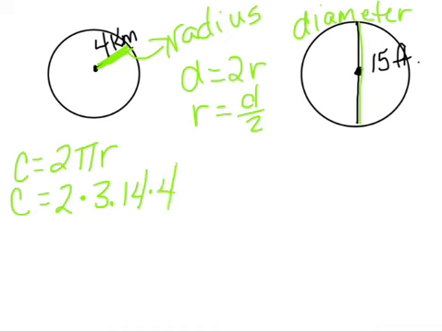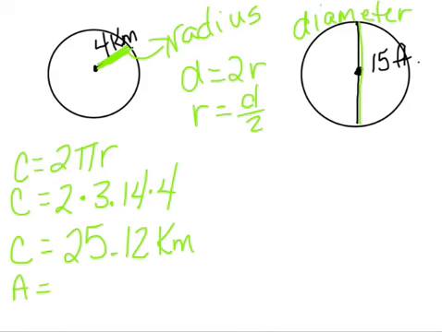So plugging that all in, I have 2 times 3.14 times 4. And we'll just say we're going to round to the nearest hundredth. So that's going to be 25.12 kilometers.